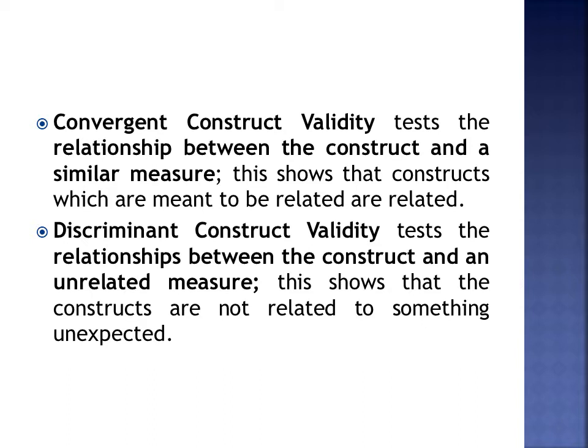Let's define first the convergent construct validity. Convergent construct validity tests the relationship between the construct and a similar measure. This shows that constructs which are meant to be related are related. So convergent validity entails measuring if your construct has a good relationship to its similar construct.